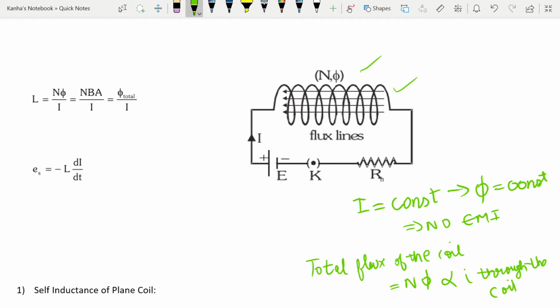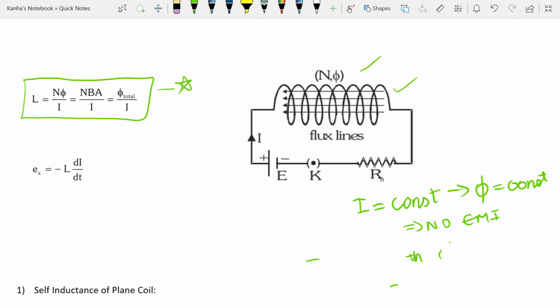Given this, I can easily write that N phi is proportional to I, or N phi is equal to L times I. So I can write N into phi, the total flux, is equal to L into I, where L will be known as your inductance or self-inductance. I have given the form of L here. L is equal to N phi by I, or N into BA by I, or the net flux divided by I. This is the case for when the current is constant.